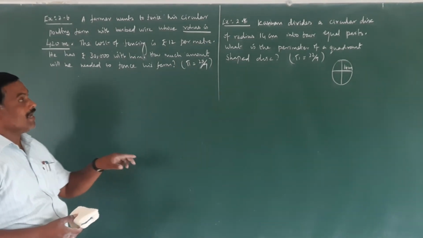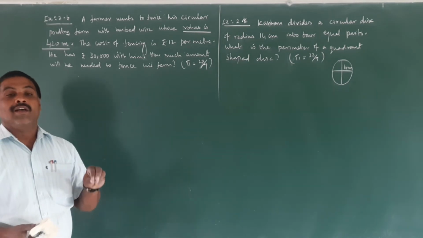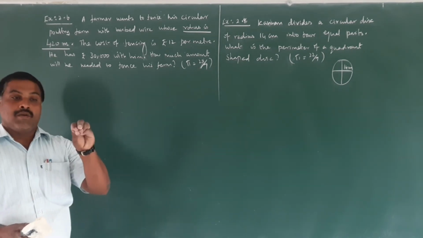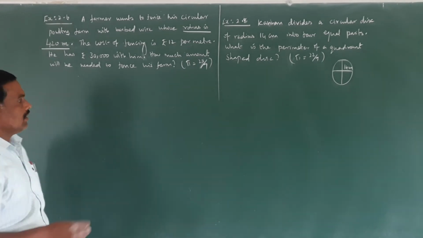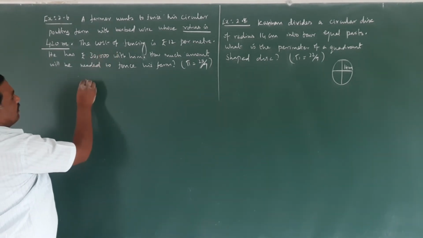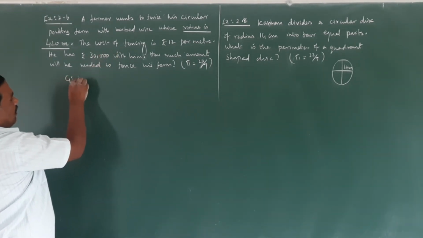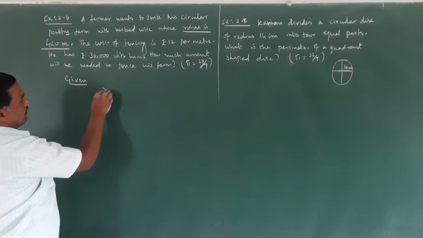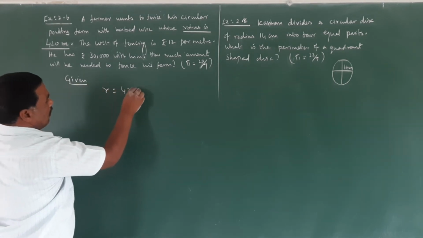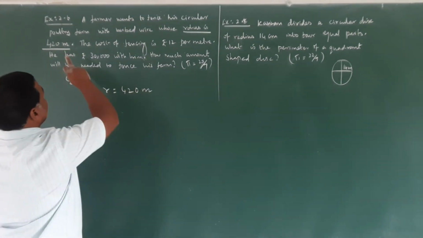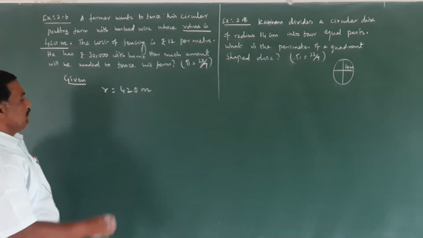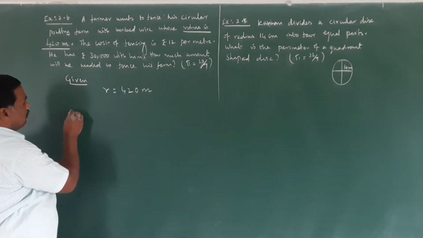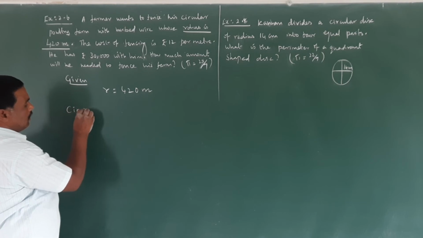Both are equal. Now the radius of the poultry farm is equal to 420 meter.